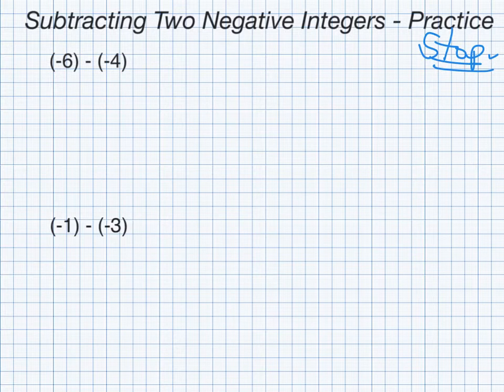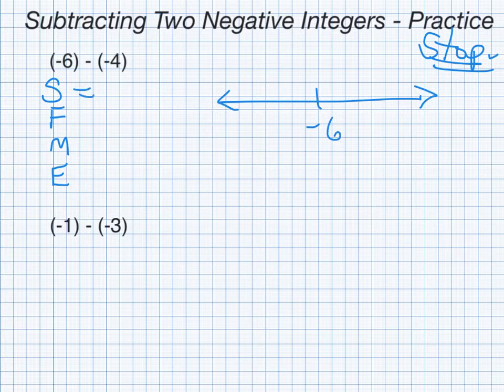Okay, so same every time. Start, face, move, end. I'm reading from left to right, so I'm going to start with negative 6. I'm subtracting, so I'm going to face to the left.